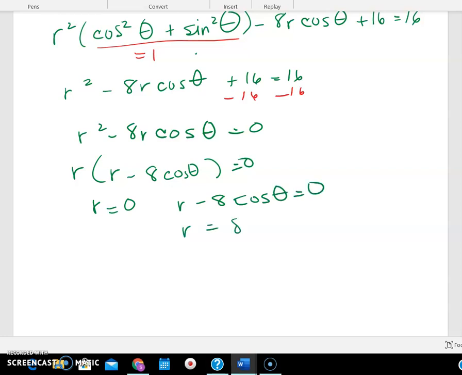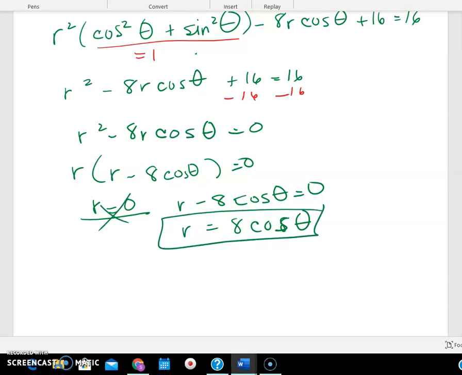And so r equals 8 cosine theta. Well, if I have r equals 0, that means a circle with radius 0, which doesn't exist, right? It's a nothing. So we can't have that, but we can have this, which is a polar equation.